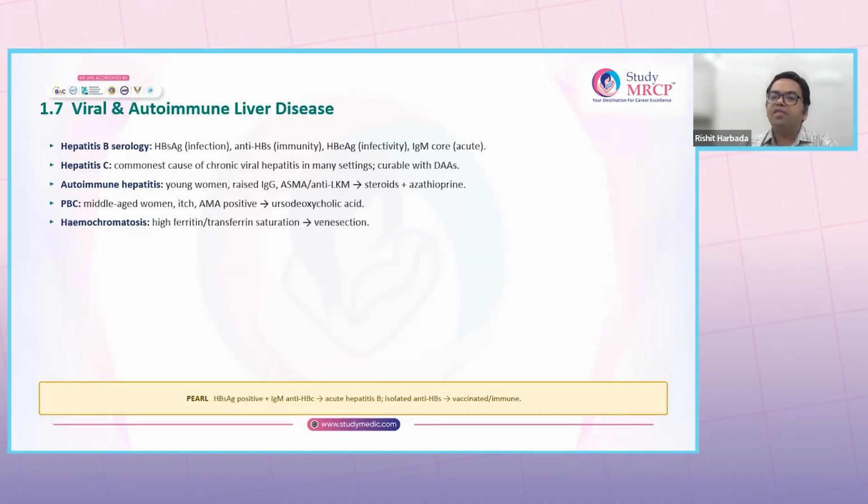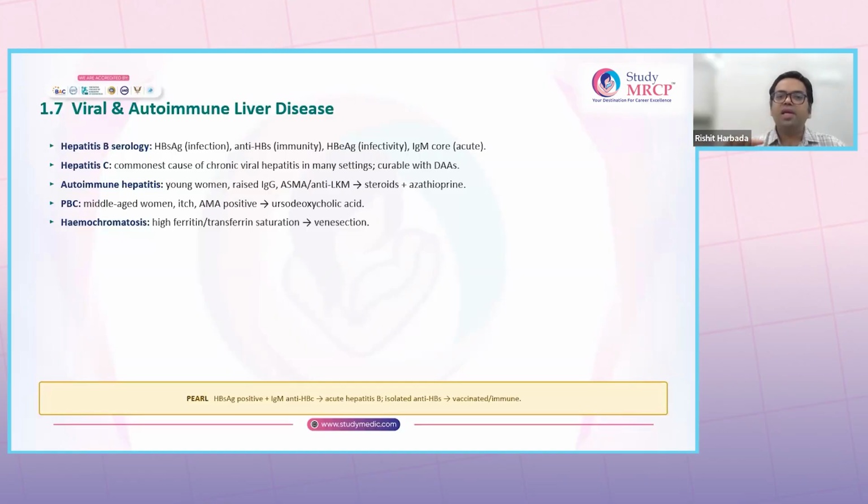Immunity can be because of a past infection or most likely because of the vaccine. HBeAg, E is the envelope antigen. It determines the infectivity. If the core antibody is positive, if it's IgM, it is acute, and if it's IgG, it is chronic. So anti-HBc, if it is IgM, it means that it's an acute infection, and if it's IgG, then it's a chronic hepatitis B.